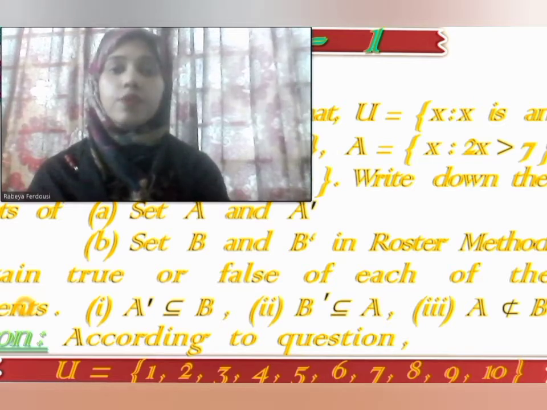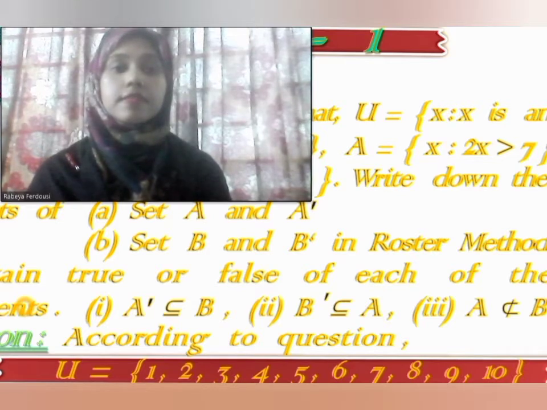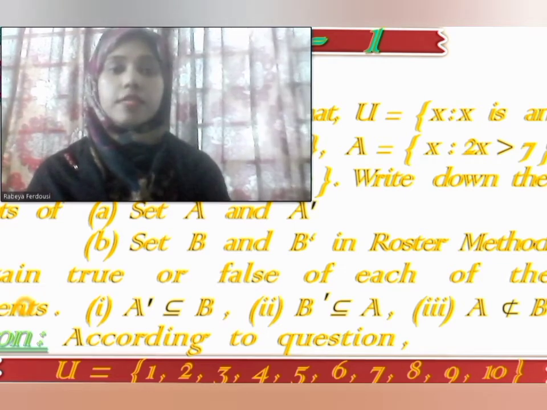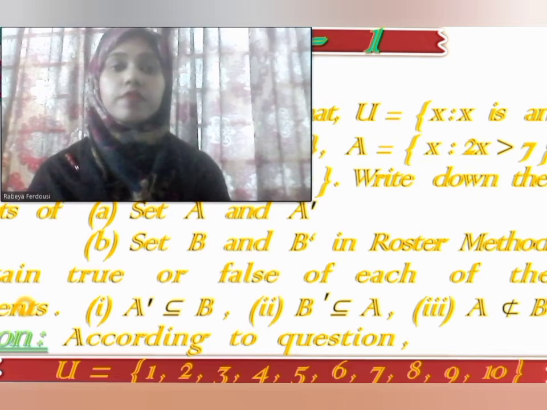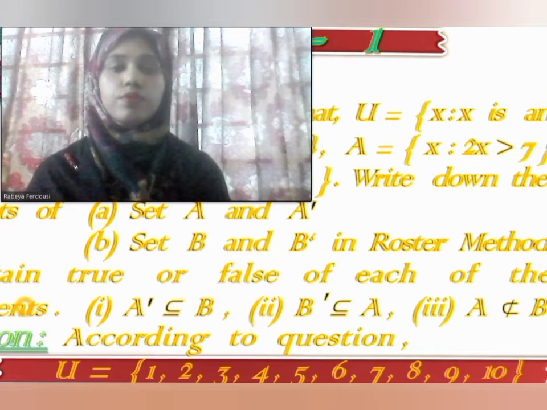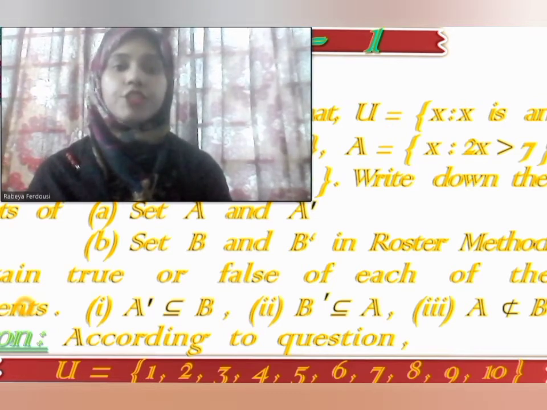In this question, U is a universal set which contains the elements of positive integers. A and B, both sets are subsets of this universal set U. We have to solve the elements of set A prime, B prime in roster method in case of this universal set U. After that, we have to solve three statements whether these statements are true or false.